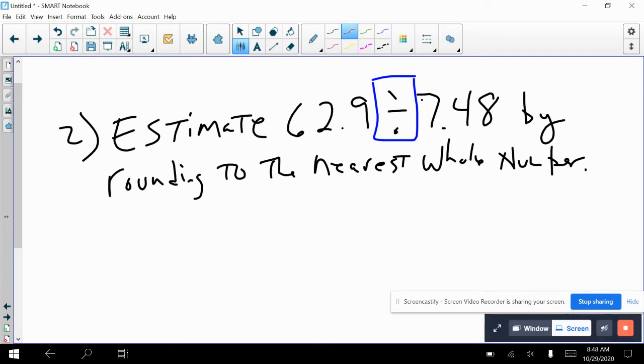Okay, what are we going to estimate 62 and 9/10 to be to the nearest whole number? Zach. Helps when you pay attention. What are we going to estimate to the nearest whole number? 62 and 9/10.